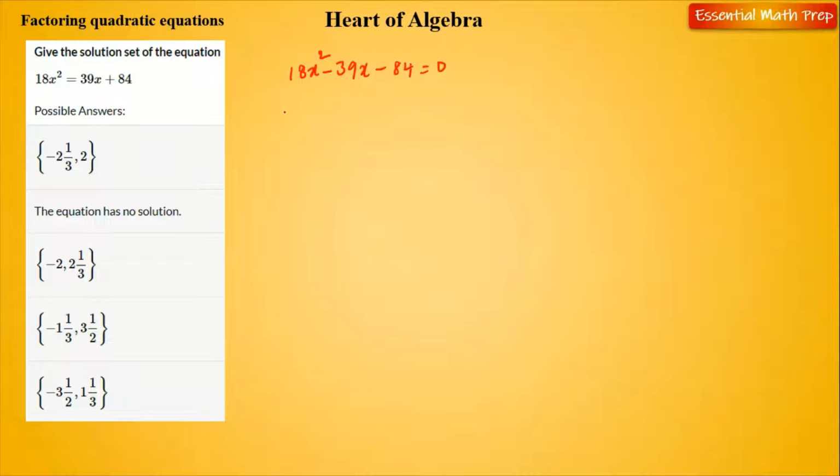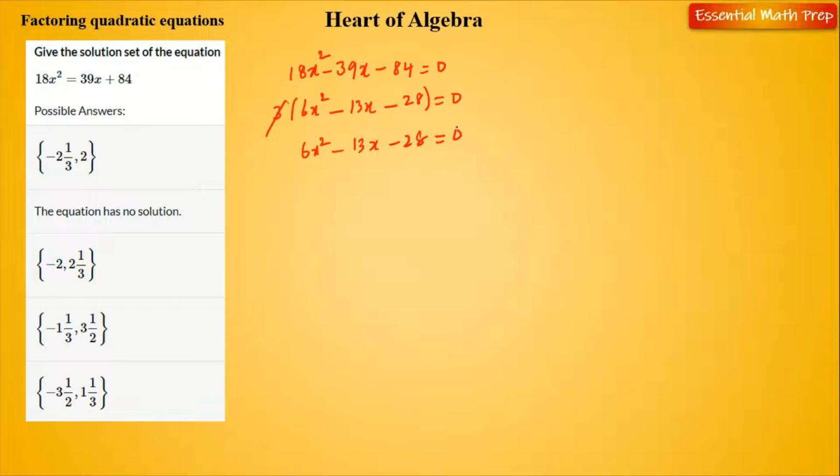We can take 3 out, so that means we have done a problem like this before. 3x squared minus 13x minus 28, since 84 over 3 is 28, equals 0. We can disregard 3. So it's 6x squared minus 13x minus 28 equals 0.